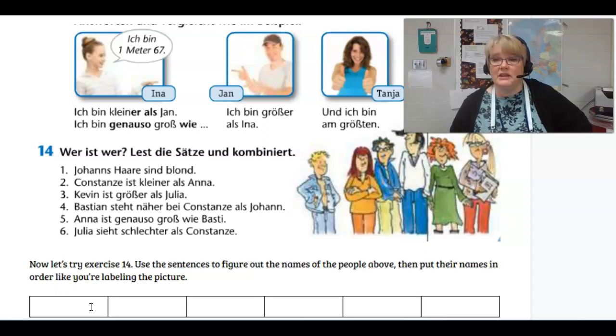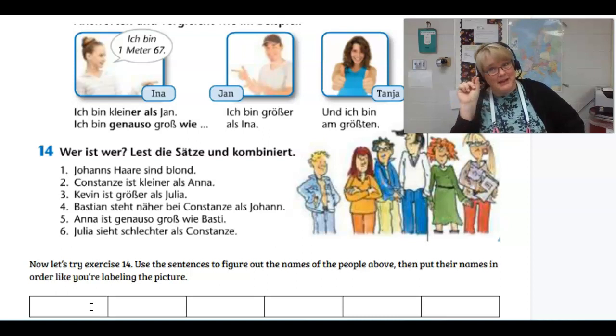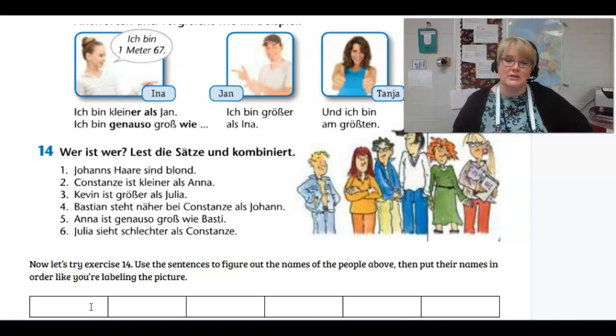Okay. Then you're going to use these comparatives to figure out the names of all the other people and put them in order. So pause the video, try to do it yourself. And when you unpause, I'm going to explain it to you. If you need a little bit of help, watch a little bit of my explanation, but try to do this on your own.